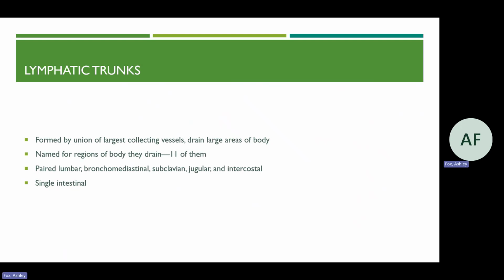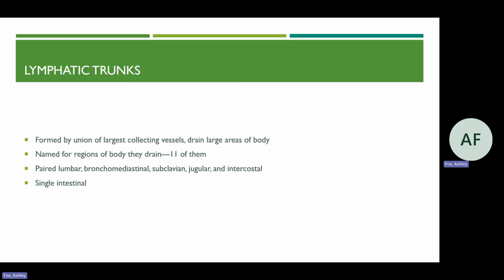So, lymphatic trunks are kind of where all roads are leading. Again, it's a one-way street. So we have lymphatic capillaries, and then they're going to go to collecting vessels, and then we're going to go into larger and larger lymphatic vessels until we're getting towards, again, those subclavian veins. So we're not going to list all the names.